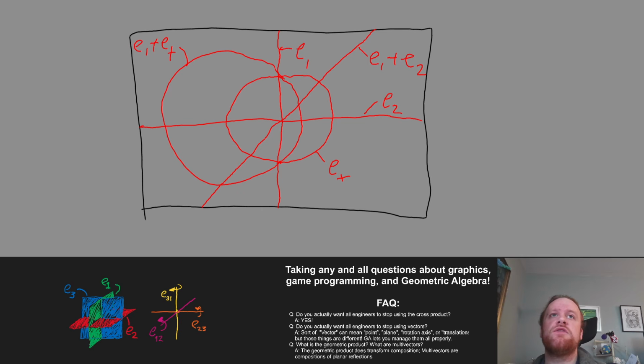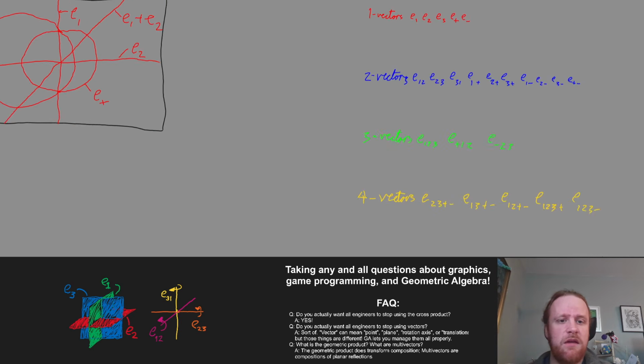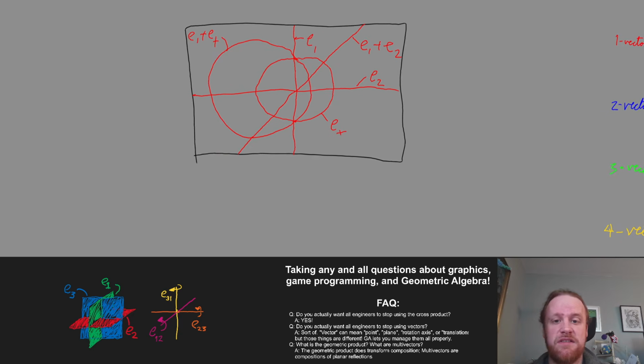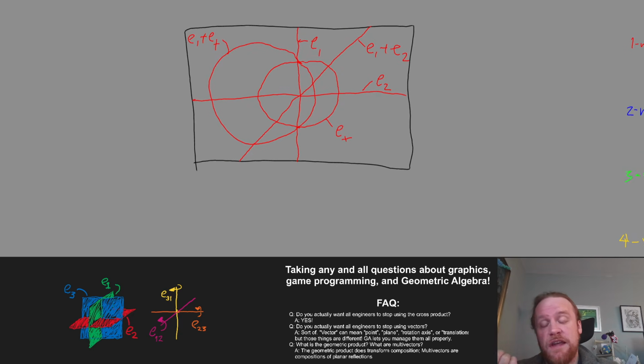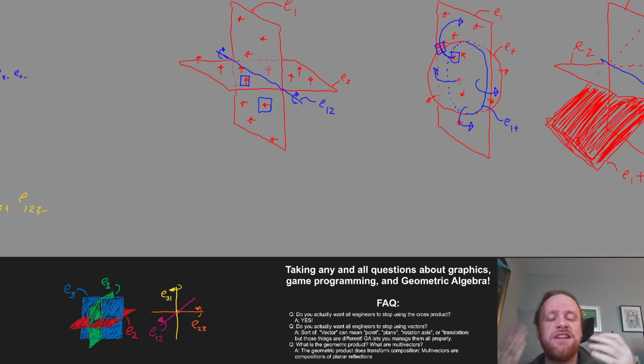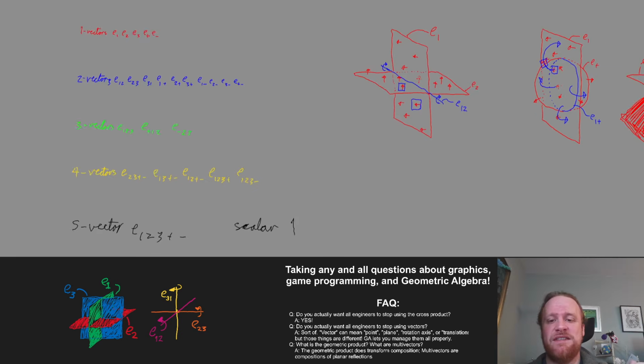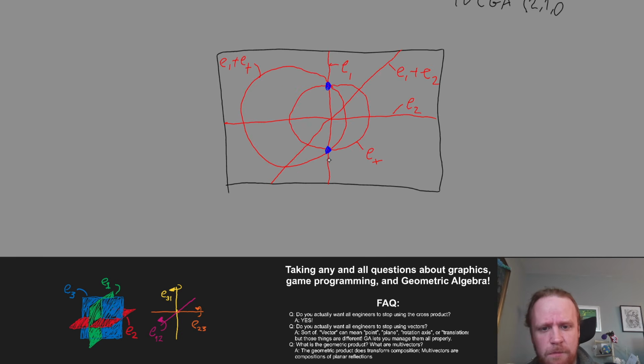Okay, E1 plus E2 is different to E12. E12 is a 2-vector, and E1 plus E2 is still a 1-vector, because it's a sum of 1-vectors, and the sum of 1-vectors is a 1-vector. In 3D CGA, E12 and E1 plus are circles. In 2D CGA, E12 and E1 plus are point pairs, and similarly they've got a markup going around them, or possibly the other way.